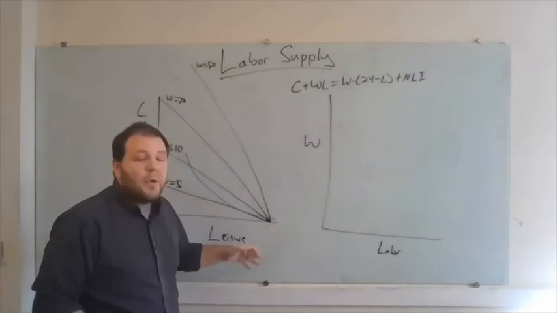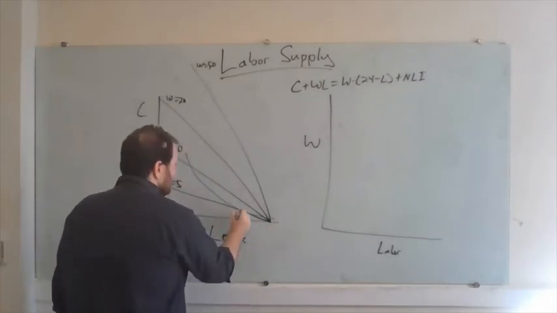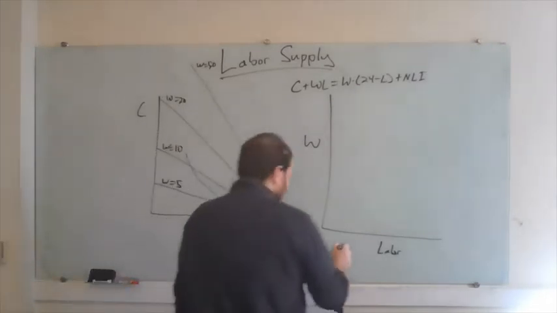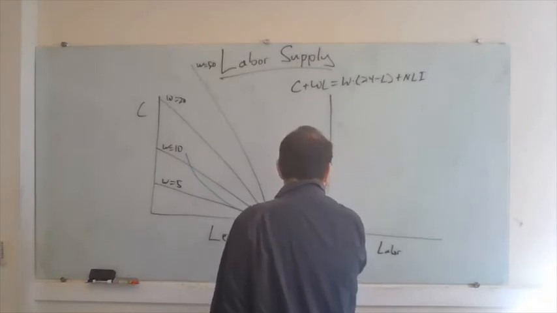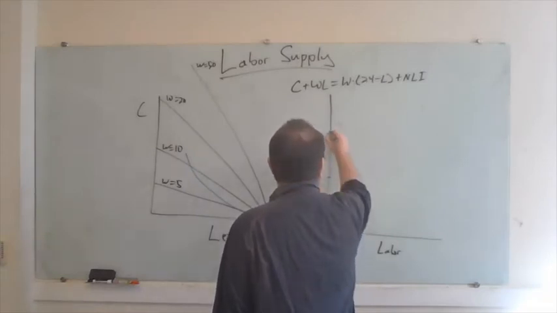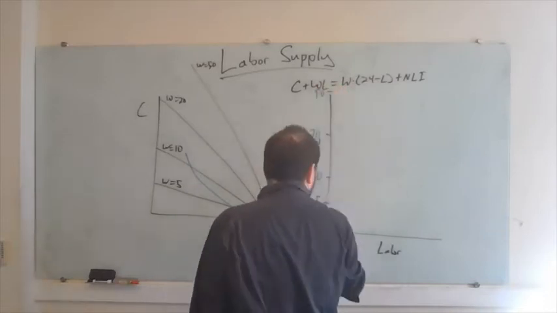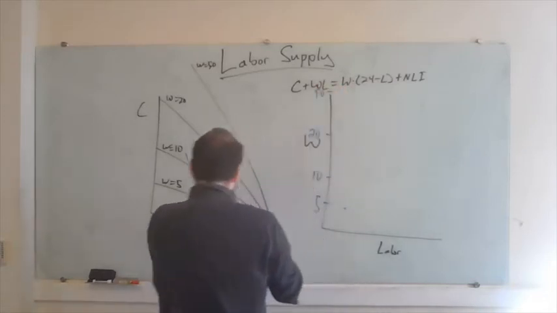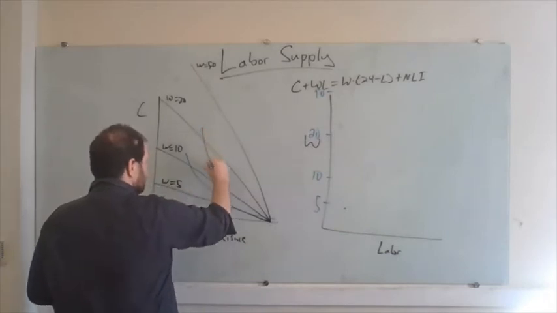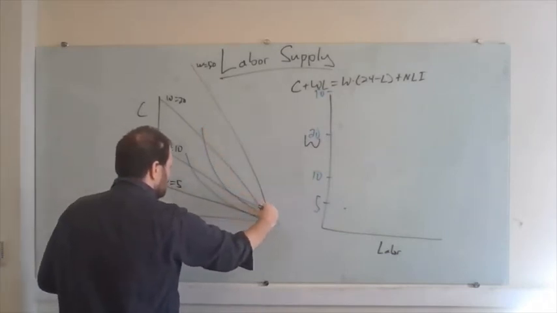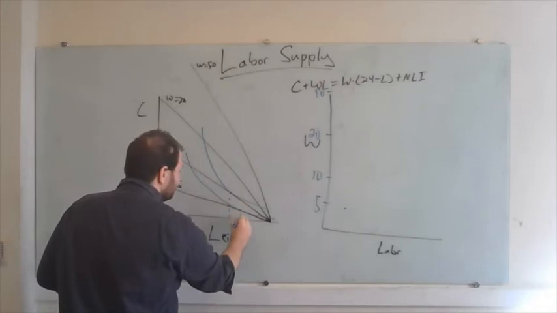At a wage of 0, you wouldn't work at all. So as your income increases, you're going to work more hours.